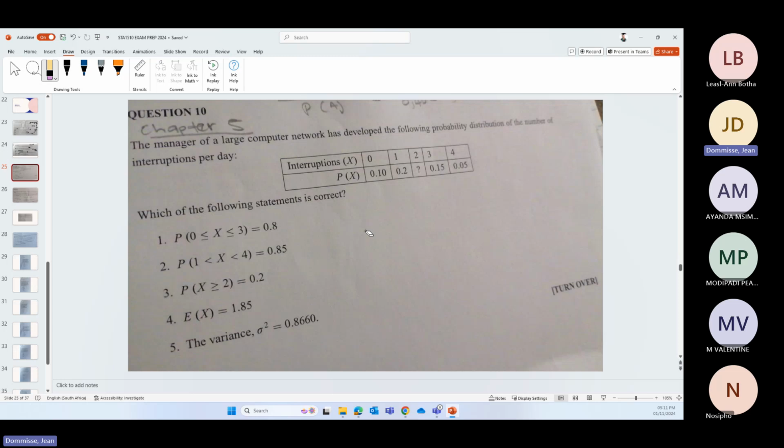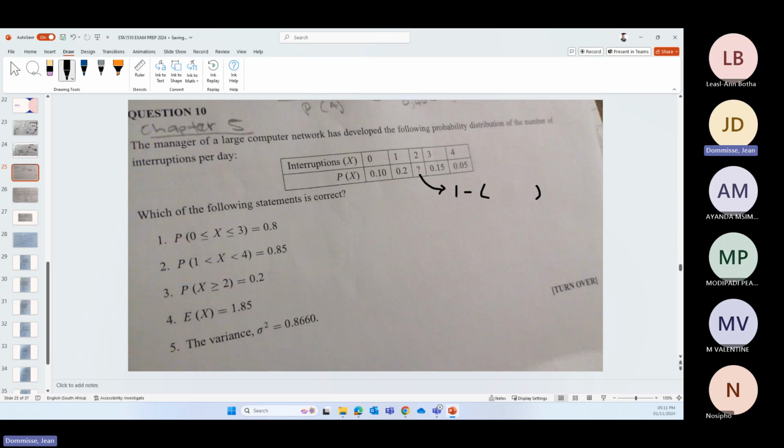Okay, so let's jump to a question of chapter 5. The first thing when we look at this is we first need to identify what is that gap. So what is that probability? That will be 1 minus all of the other probabilities that we have.